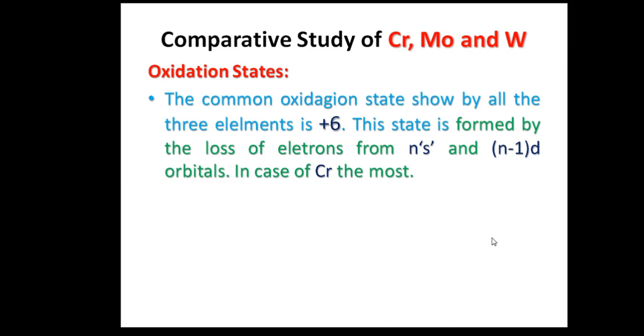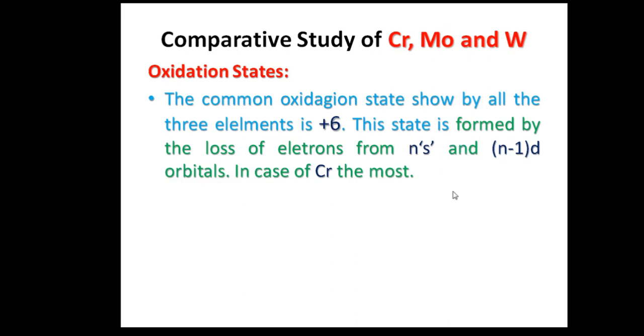The common oxidation state shown by all these three elements, chromium, molybdenum and tungsten, is +6. This state is formed by the loss of electrons from the ns and (n-1)d orbitals.